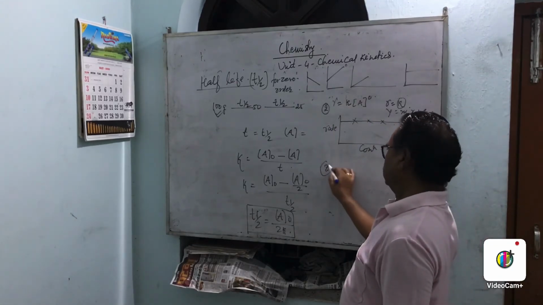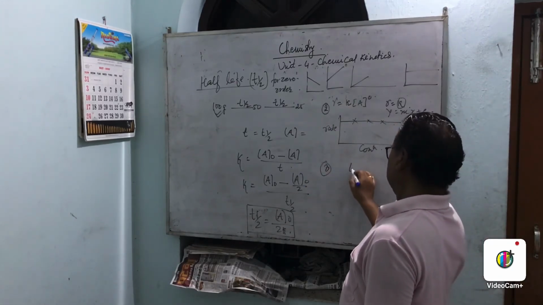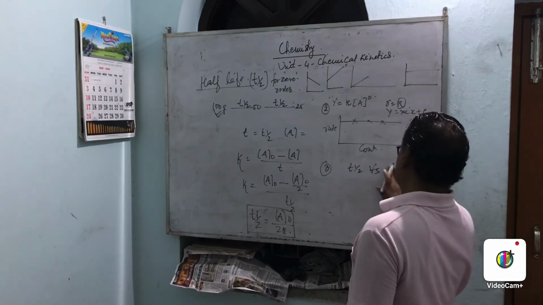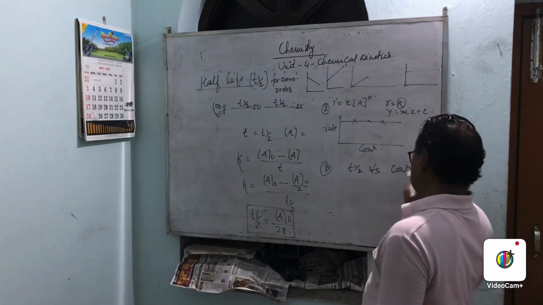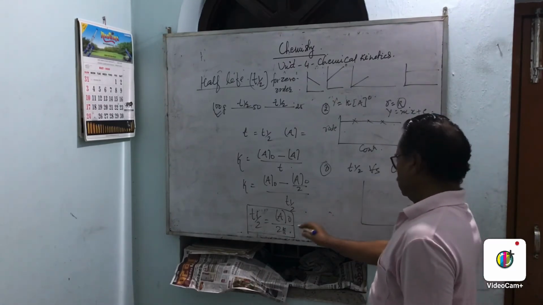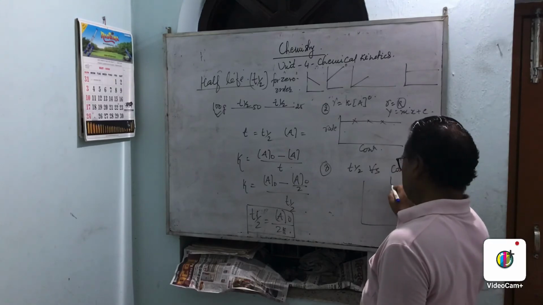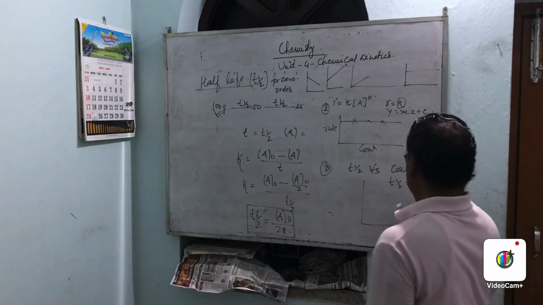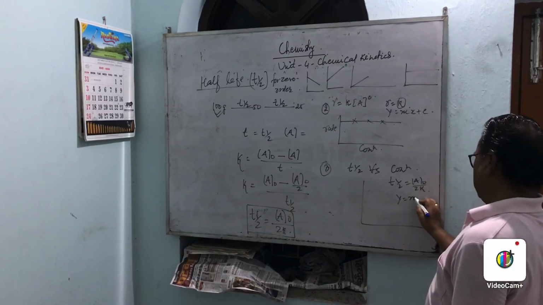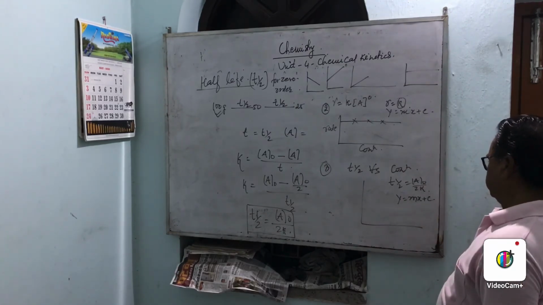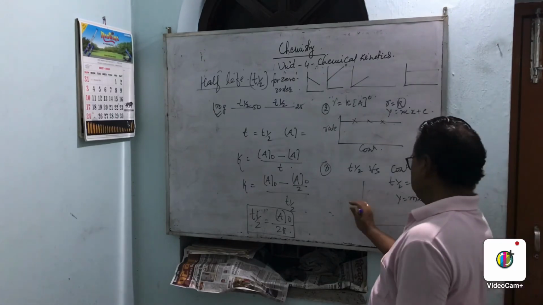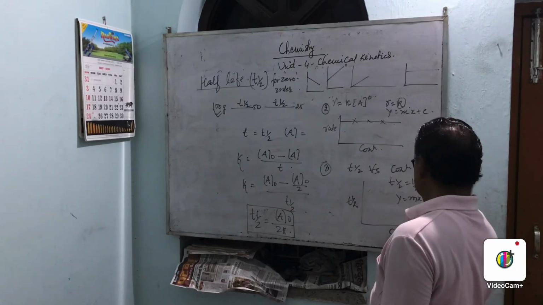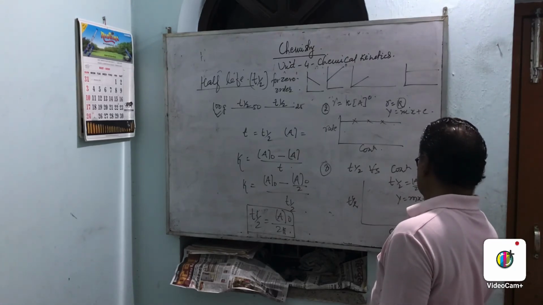And the third graph is T half versus concentration. This is concentration and this is T half. So you take the equation T half is equal to A naught by 2K, y is equal to mx plus c. So T half is on the y axis, and concentration on the x axis.